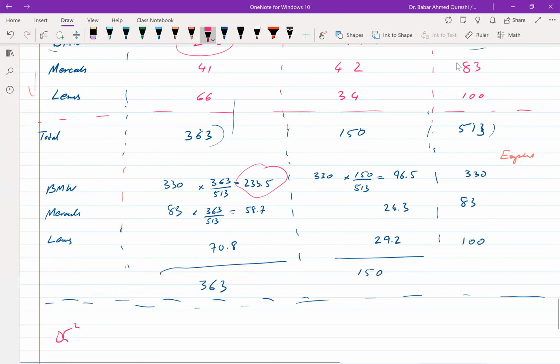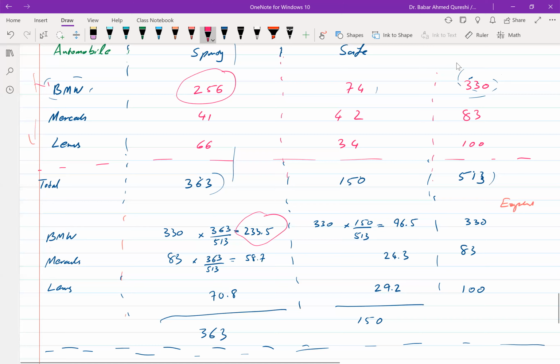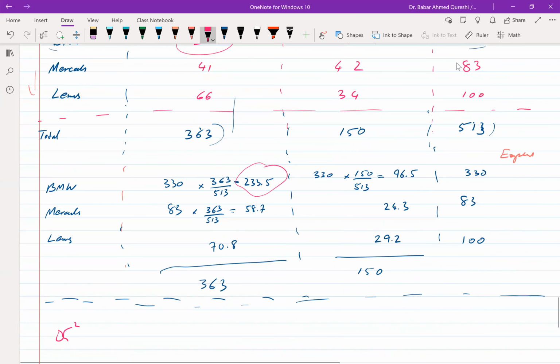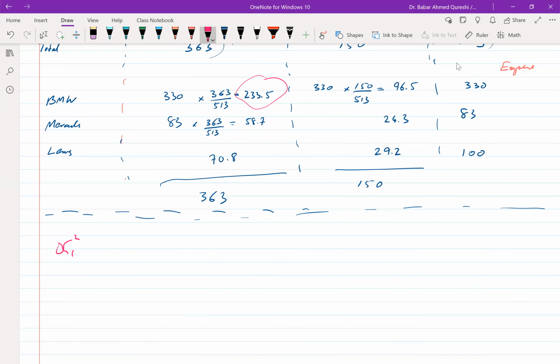The first set has 2 categories, so that gives you 2 minus 1, which is 1, and the second set has 3 categories, BMW, Mercedes, Lexus, so that gives you 3 minus 1, which is 2. So you multiply to get your degrees of freedom. It's a chi-square variable with 2 degrees of freedom.